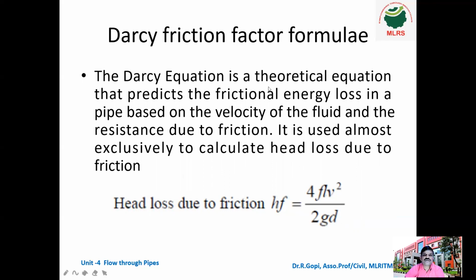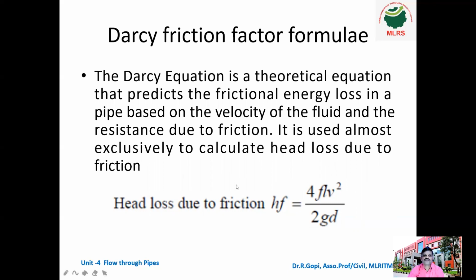The Darcy equation is a theoretical equation that predicts the frictional energy loss in a pipe based on the velocity of the fluid and the resistance due to friction. It is used almost exclusively to calculate head loss due to friction. Loss due to friction is the major loss in a pipe compared to the minor ones; for that only it is called major loss.